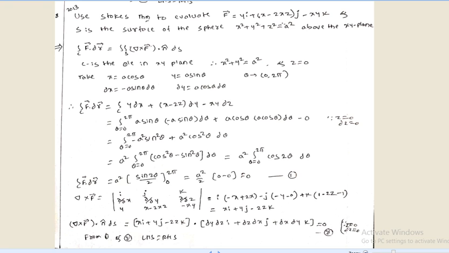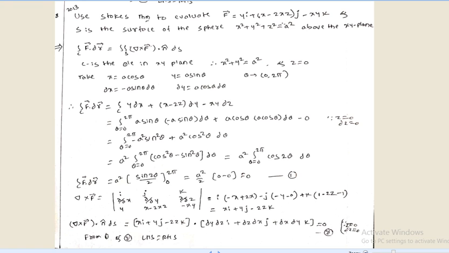Now we simplify the right hand side, that is del cross f or curl of f. So del cross f is determinant ijk, dou by dou x, dou by dou y, dou by dou z, where f is y, x minus 2xz, minus xy. So on expanding this determinant, we get x i plus y j minus 2z k.